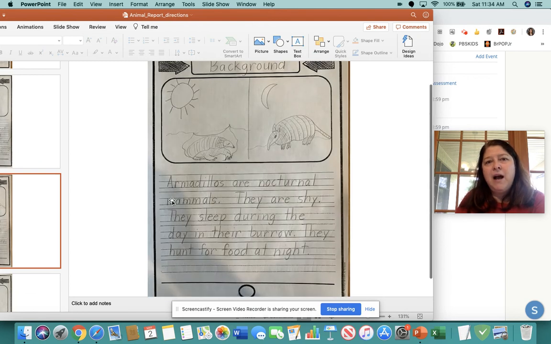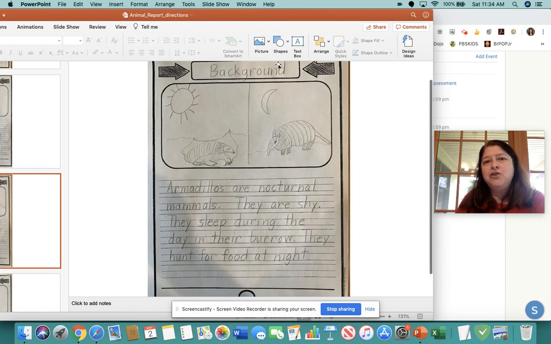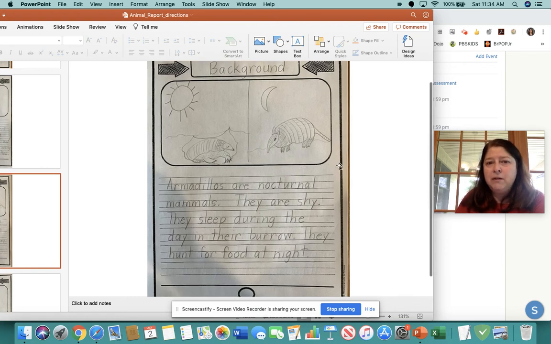Next up, I found background page, and some of the information that I have on here tells about what they do in the daytime and what they do at nighttime. So I split my picture so I could show you that when the sun is out, they're down in their burrow and they're sound asleep. But at nighttime, when the moon's out, that's when they're out hunting for food. Armadillos are nocturnal mammals.